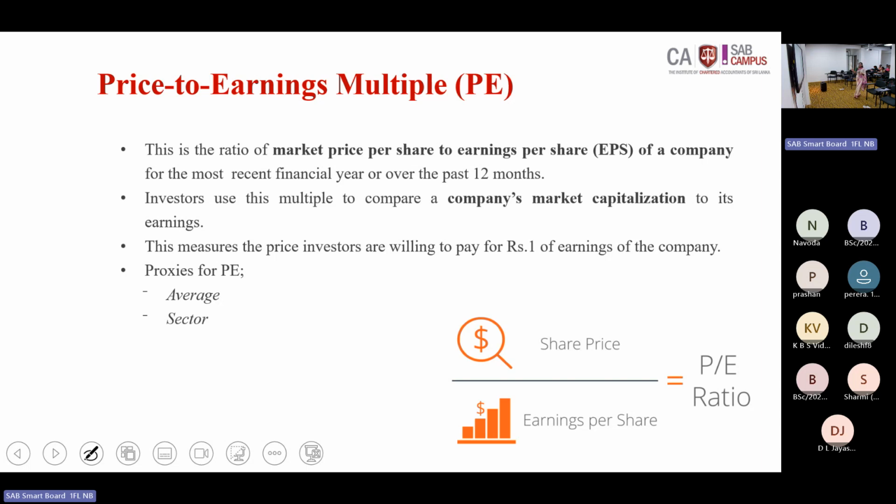Anyway, right? Price to earnings multiple. What are we considering here? Go to the formula here. Price to earnings, right? What denotes the earnings of the company? Which metric denotes the earnings of the company? It is the earnings per share, right? Here we compare to the earnings per share, and then based on the average or historical PE ratio, what would be the market price of the share?